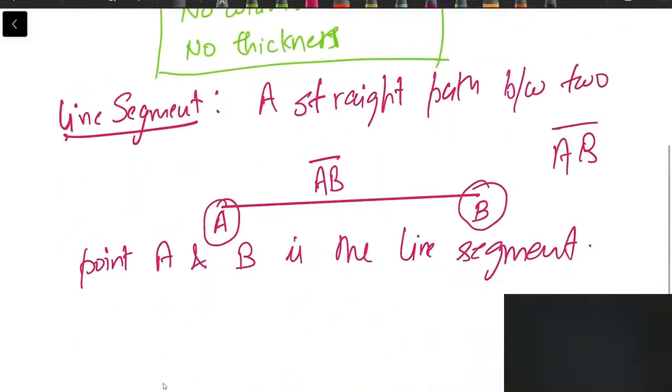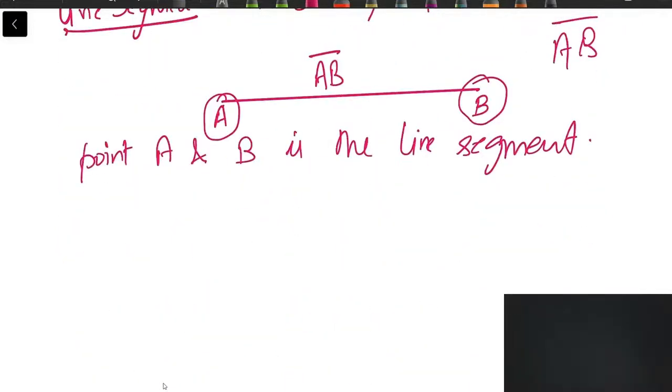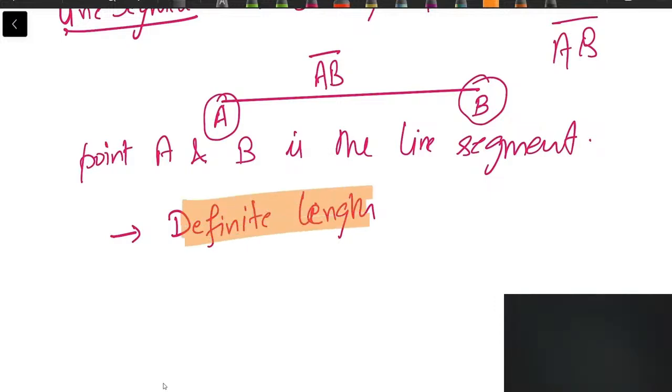What are the points about the line segment? The first point is that it has a defined, or definite, length. We have a definite length of a line segment.